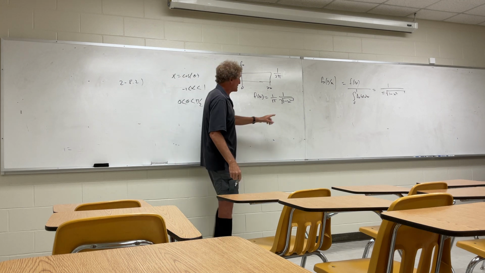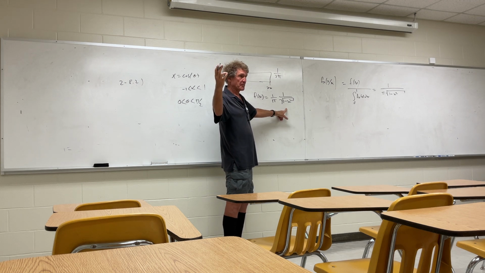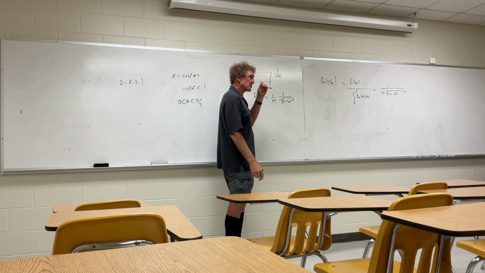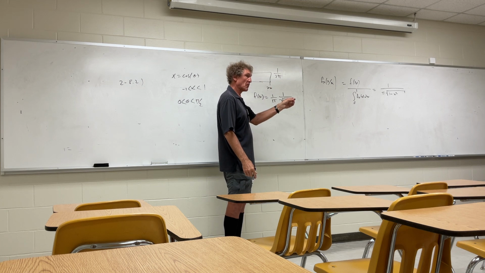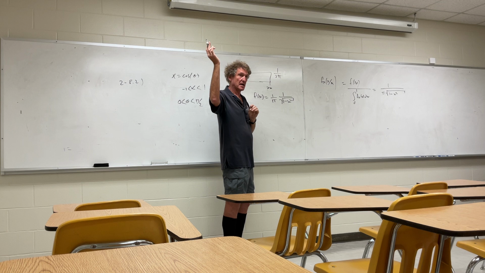Now, can everybody see this is an even function? If it is an even function, the area from 0 to 1 is the same as the area from -1 to 0 in terms of the integral of f of x over that range. Are you with me?